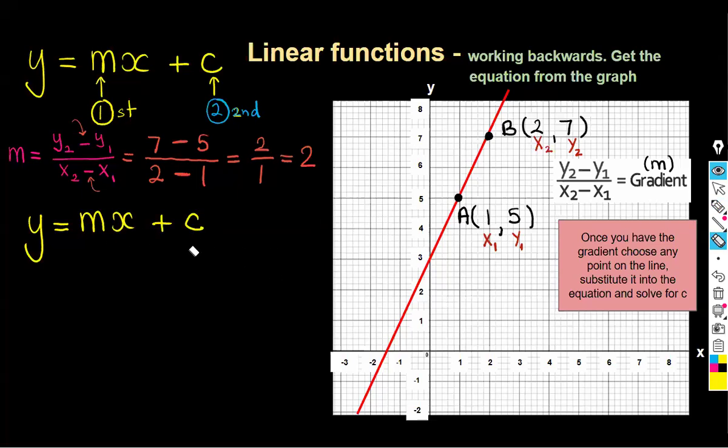He has just worked backwards to figure out m. He's going to erase m and put what in its place? 2. So take down up to there. He has just figured out a piece of the puzzle: that m is 2. We just need to figure out, well, not we, he needs to figure out the value of c.